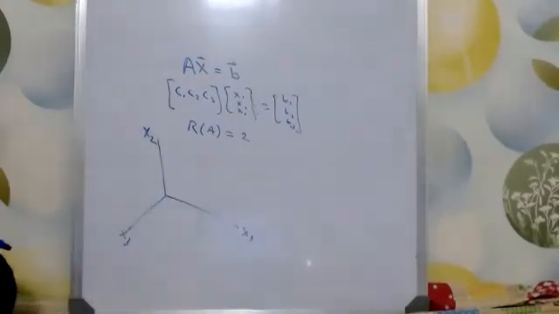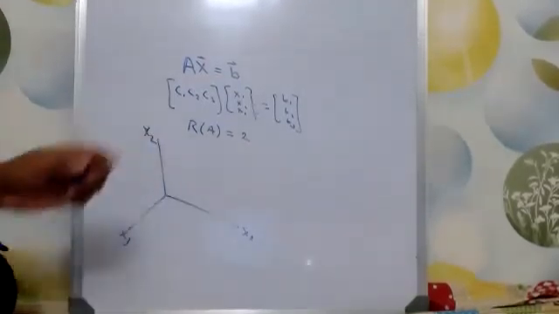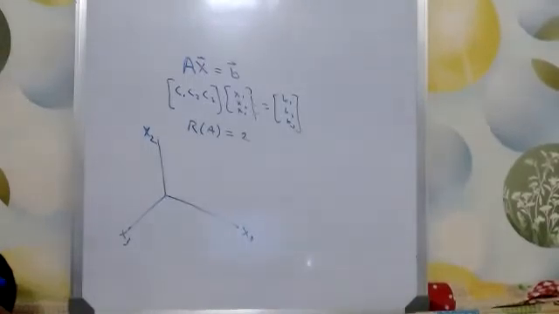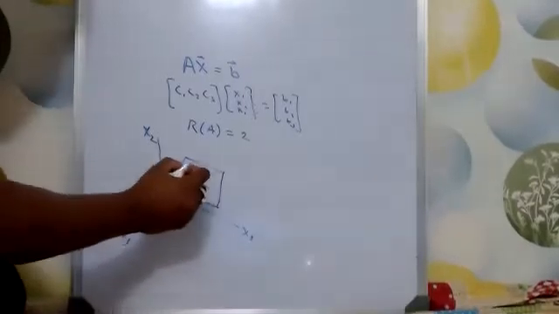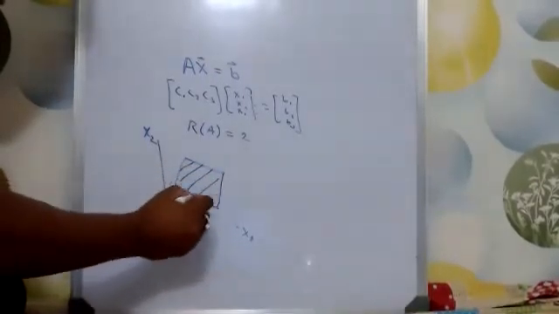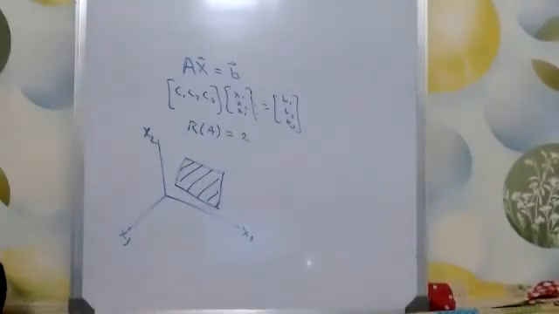Now since A is rank deficient and the rank of A is 2, I can have a maximum of 2 independent columns. So my column space will be a two-dimensional plane. Let's say this is my column space of A. Similarly, I will have a row space of A. What will it be?